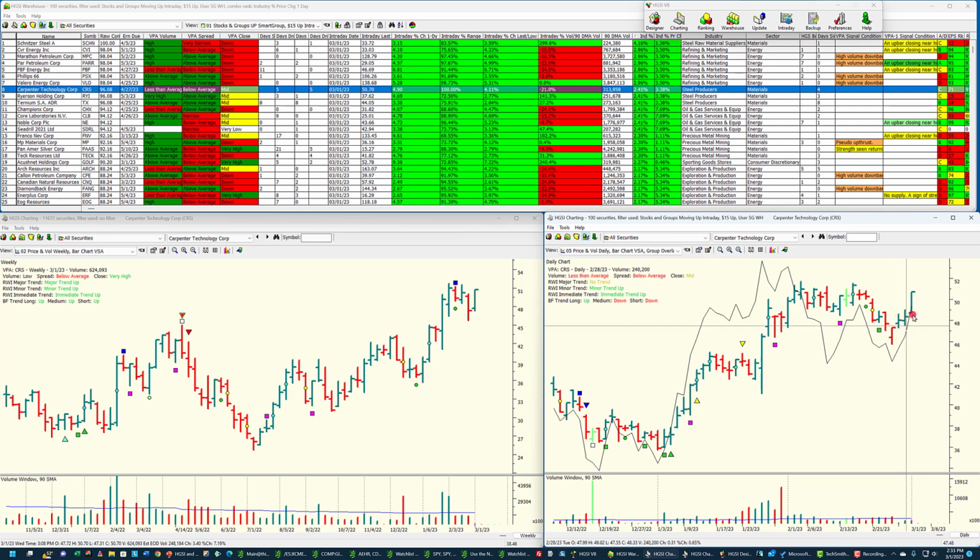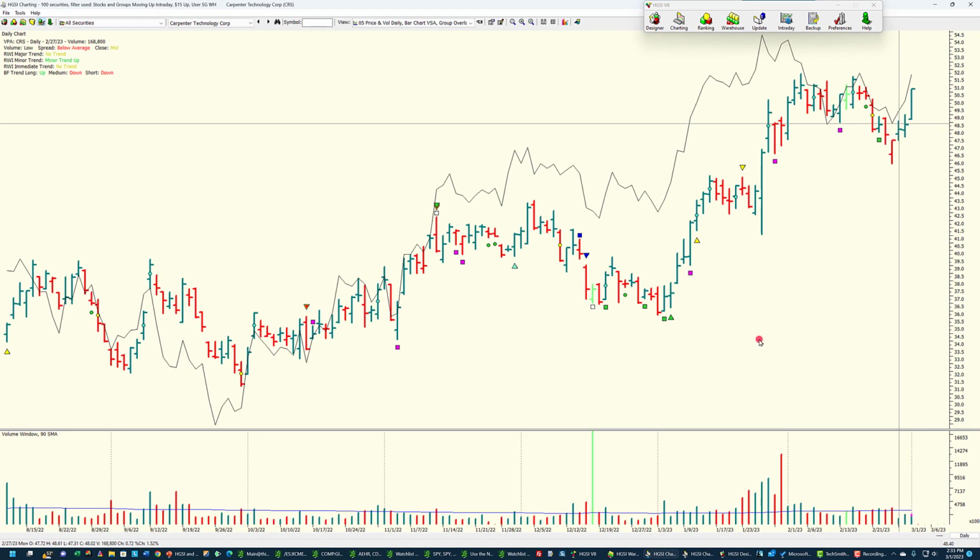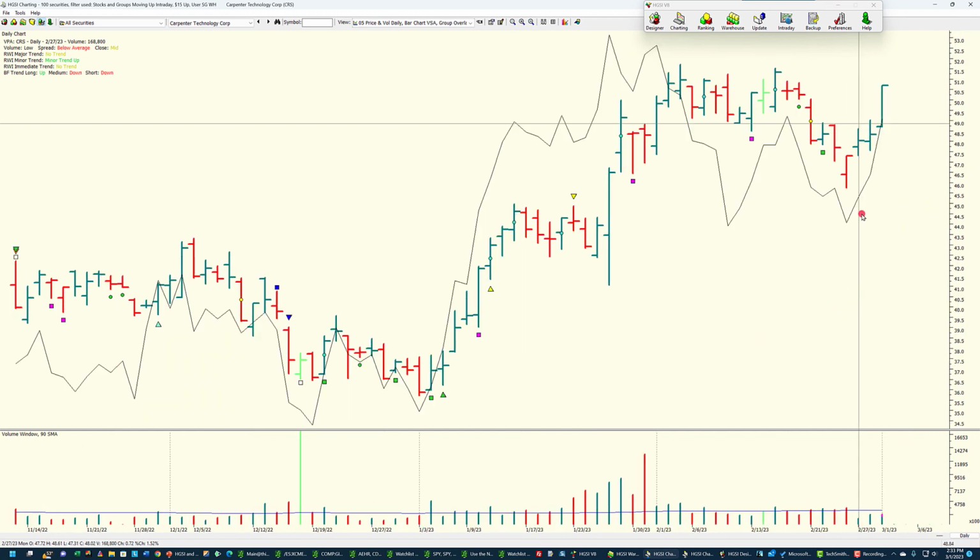So this is Monday, Tuesday, Wednesday, today. You can see that the group is moving up. There are no VPA flags, but you can look at demand and supply without that. So on this bar right here, let's make it full screen. Here's the open. Here's the close.